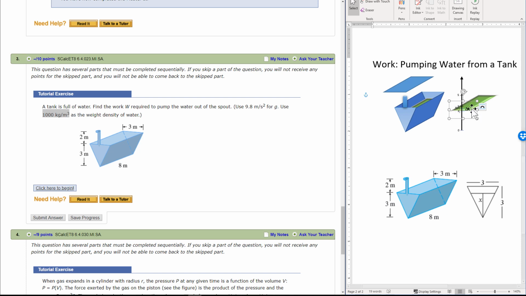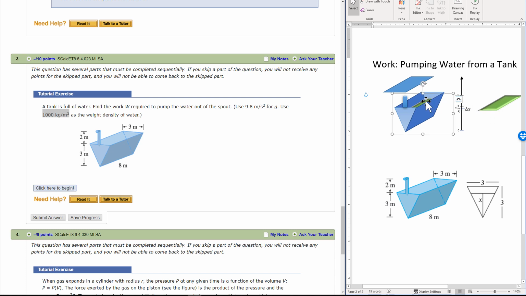From here we're going to find the force of this water, and then we're going to pump it up. We're going to need to know the distance that this thing has to travel to get pumped out of the spout. We're going to do this for different slabs of water. This is one slab of water.